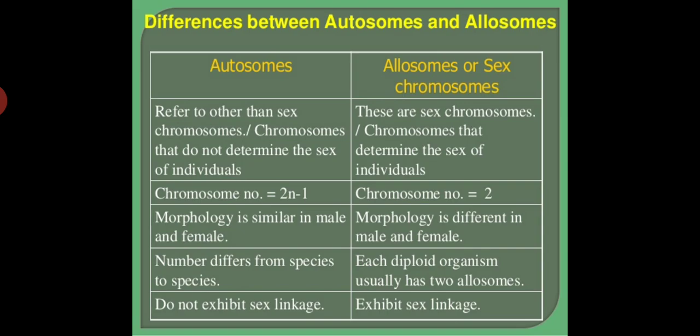Autosomes do not exhibit sex linkage, whereas allosomes exhibit sex linkage, which we have already discussed in the previous concept, sex-linked inheritance, where we discussed the patterns of sex-linked inheritance with reference to hemophilia and color blindness in man and eye color in Drosophila.